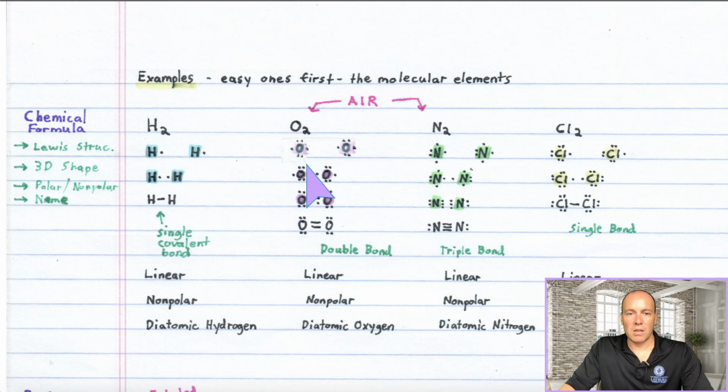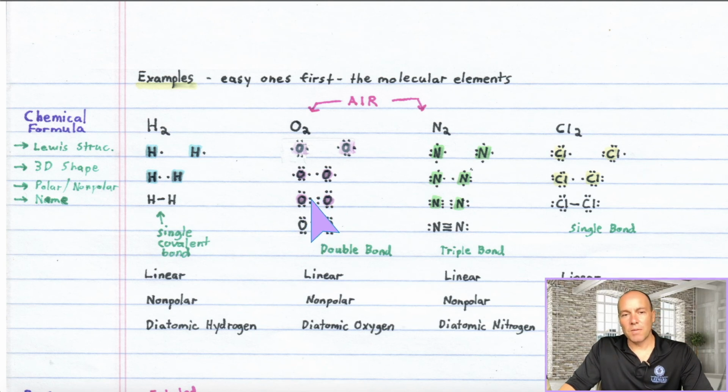It had 6. By matching up only these two, now it has 7. So it doesn't yet have an octet. We need to bring this one and that one to match up as well, to look like that. And now the oxygen has an octet, and this one has an octet as well.